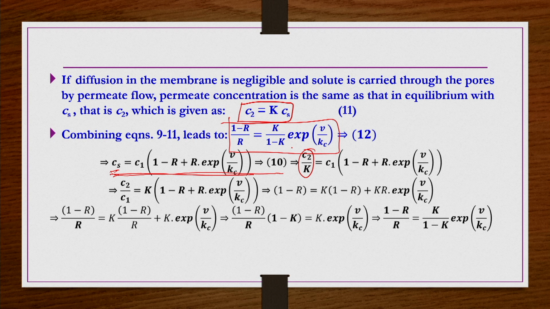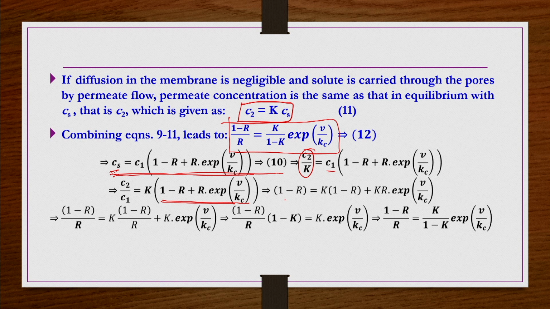That is the first step. Then the next step, this K you take to the right hand side, and this C1 you bring to the left hand side. So, on the left hand side you have C2 by C1 equals K multiplied by the remaining terms as they are.